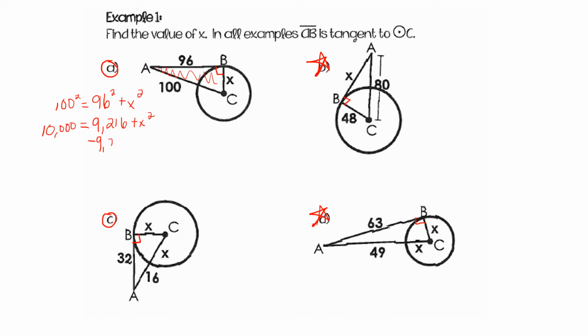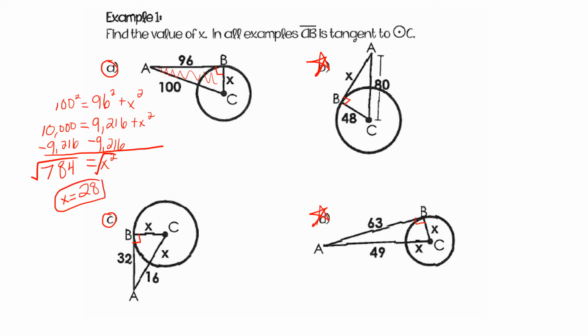So if I subtract 9,216 from both sides, that will give me 784. And in order to solve for x, we have to undo a squared, so we have to take the square root of both sides, and the square root of 784 is a clean number, so our value here is 28. So x is equal to 28.